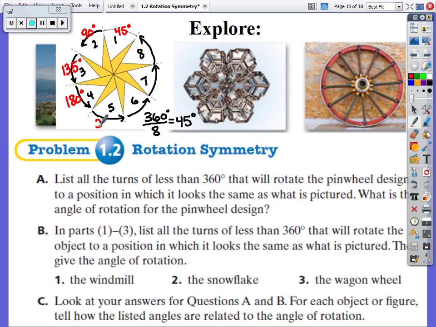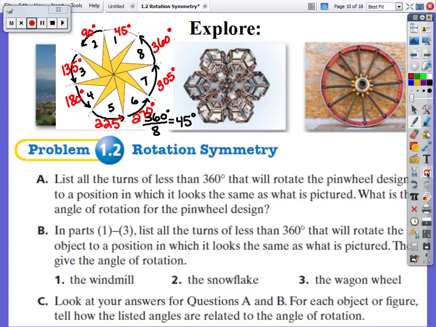After another, it's 225 degrees, 270 degrees, 305 degrees, and then 360 degrees. And you can tell that you've done it correctly because your last rotation should end at 360 degrees. So what you would do is list all the turns. That's 45, 90, 135, 180, 225, 270, 305, and 360. So that's basically what you're doing.